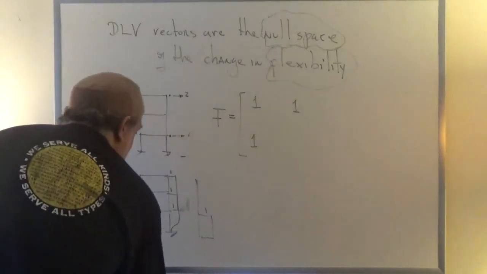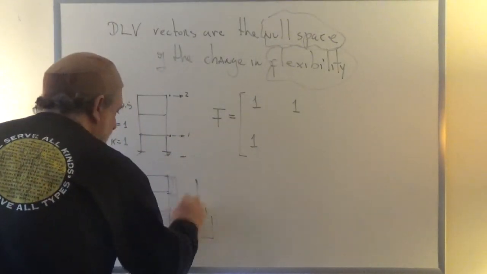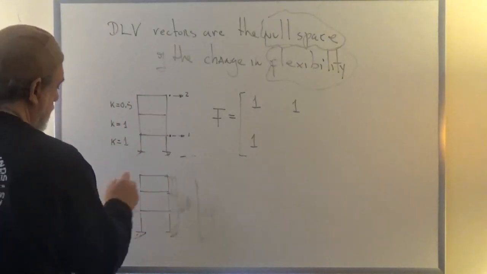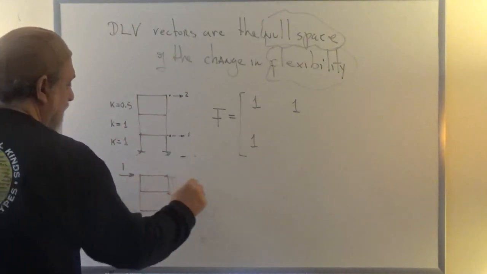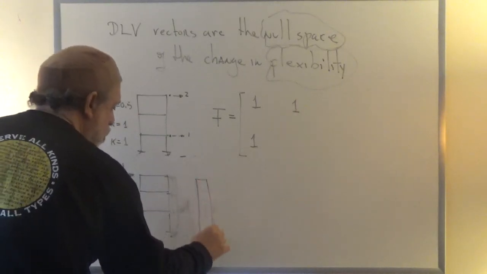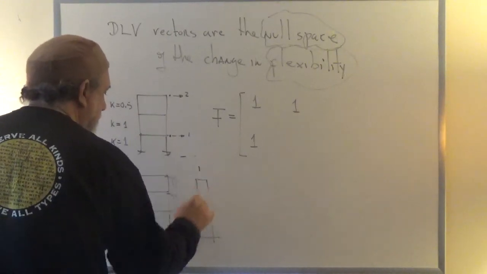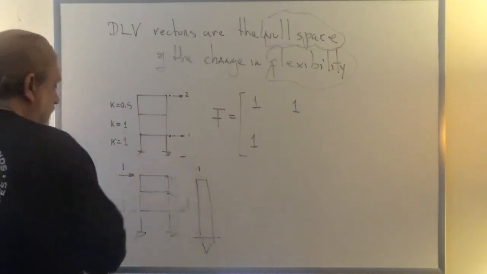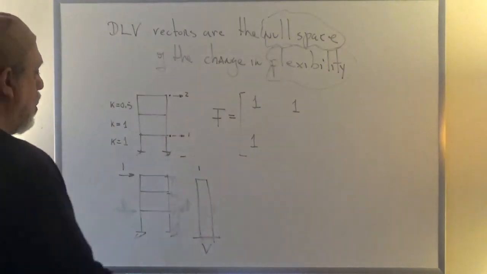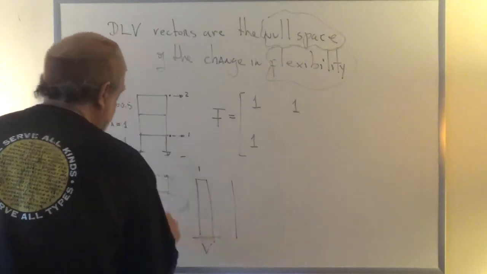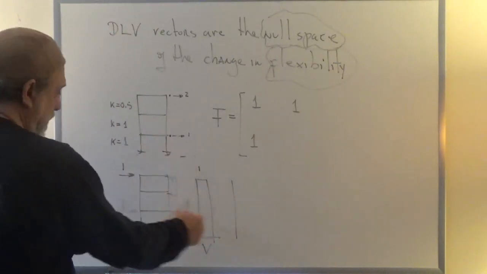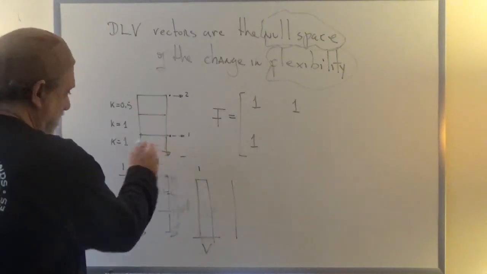Now, if we apply a load at the roof, which is the second coordinate, the shears through the floors are 1 everywhere, right? No matter where you cut, it's 1. So the deformation of the first level is the shear, 1, divided by the story stiffness, 1.